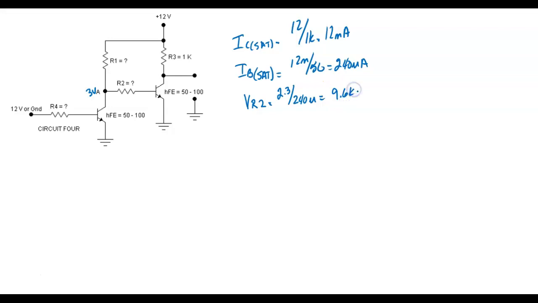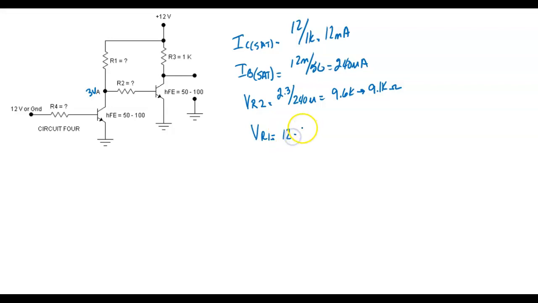Nine point one K. So VR1 is going to equal what? VR1 though would be what?